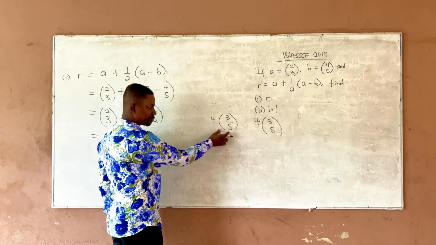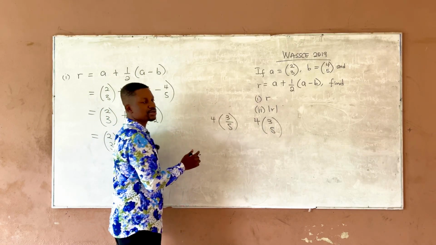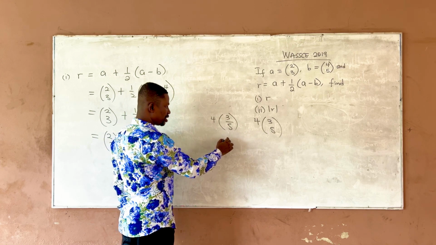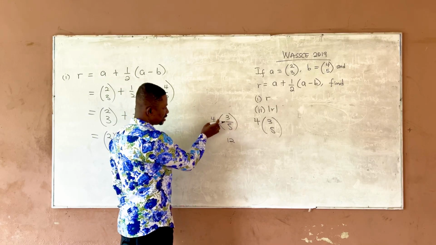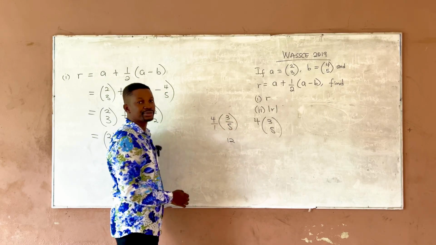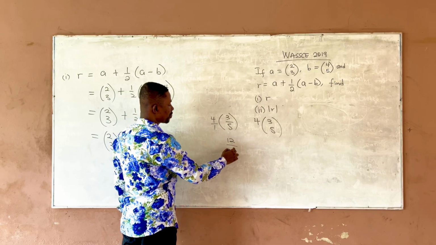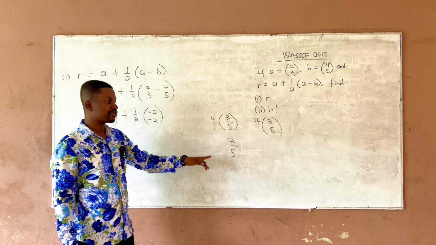So this is a fraction, this is a vector, and this is a scalar. So now we have 4 times 3, which is giving us 12. And don't forget that because there is a fraction, this 4 can be written as 4 over 1. So 4 times 3, which is 12, then 1 times 5, which is 5. Then if it's possible to simplify, we simplify.